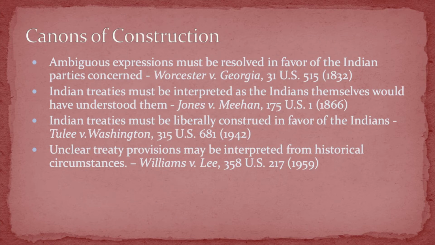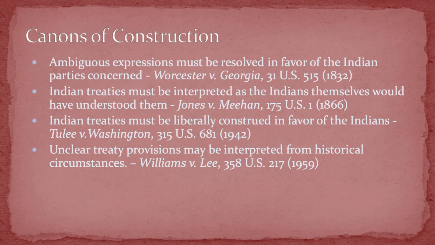Okay, before we get into this. So we've talked about what a treaty is. We've kind of danced around interpretation of treaties, but do know that in the United States, and this is again the influence of the federal court system, canons of construction and interpretation regarding treaties and statutes have been developed by the Supreme Court.